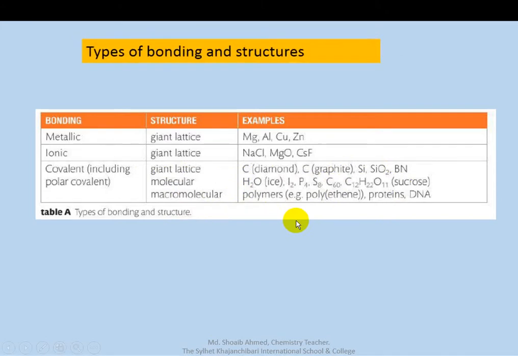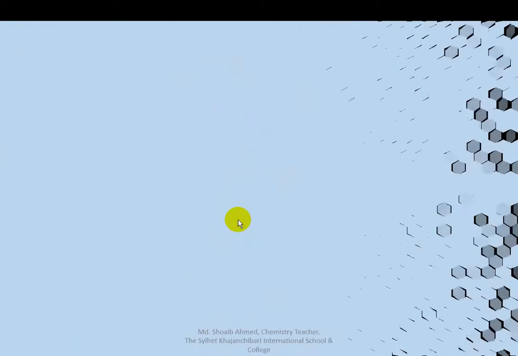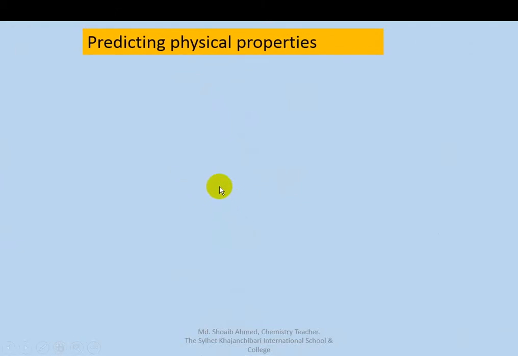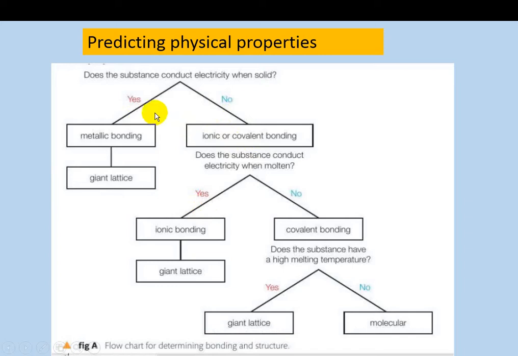Okay, this is the type of bonding structure. This is for your later topics, but I am discussing it because today I need to predict physical properties. How can we predict the physical properties of a substance? At first, ask: does the substance conduct electricity when solid?